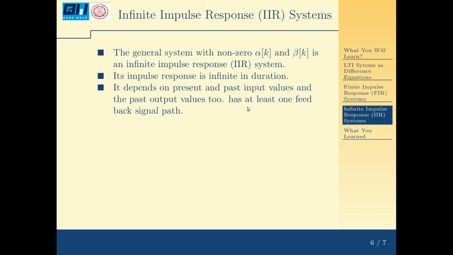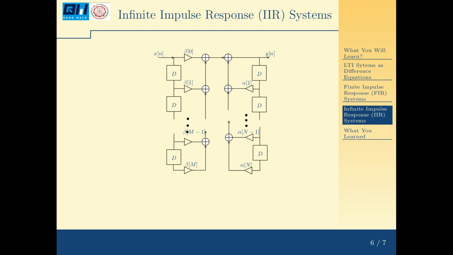So there must be at least one feedback signal path in this system. If you look into this model, you can see that this is a forward path. This is my input x[n], which is multiplied by beta 0 and comes here. It is delayed by 1 unit and multiplied by beta 1 here. And here I have m delays, then a multiplication by beta m. This is my FIR system, or my forward system.